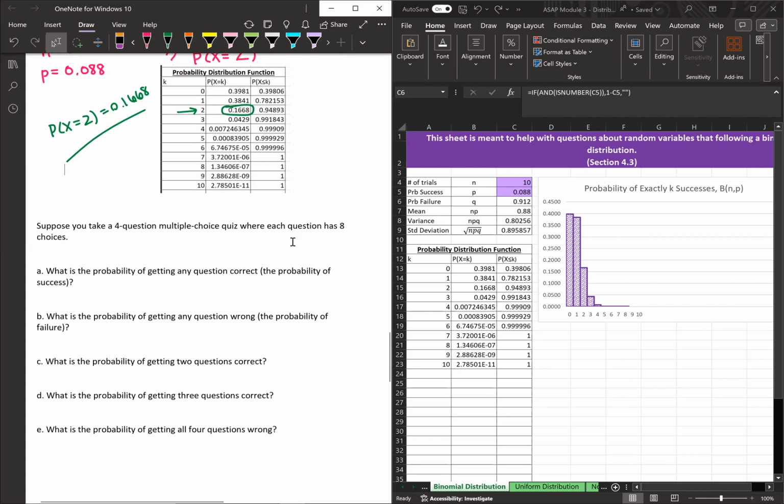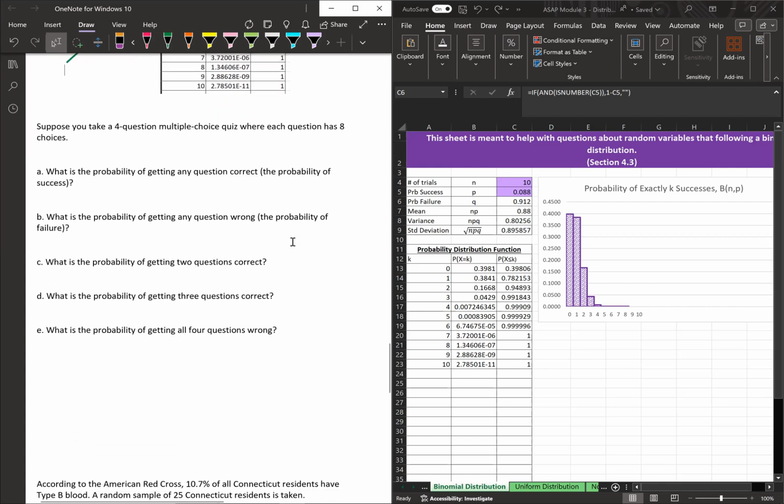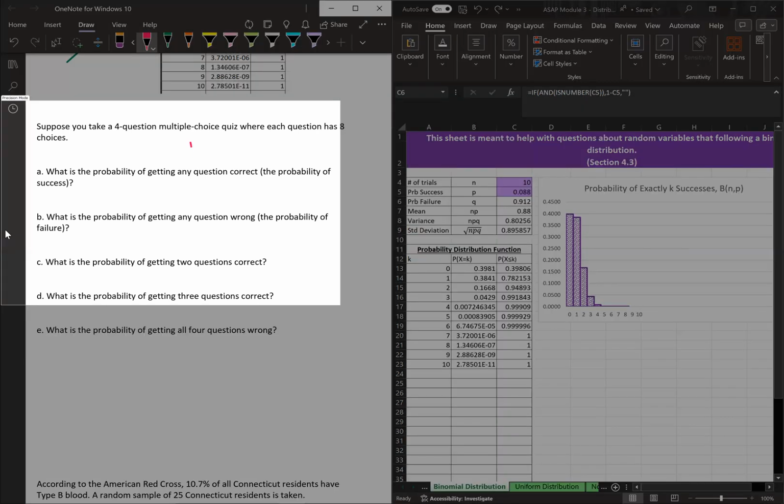All right, next question. Suppose you take a 4-question multiple choice quiz where each question has 8 choices. Holy moly. Okay, and it's asking the probability. Each question has 8 choices. So what if you just randomly guess, what's the probability of being right when you have 8 options? It's just going to be 1 out of 8.